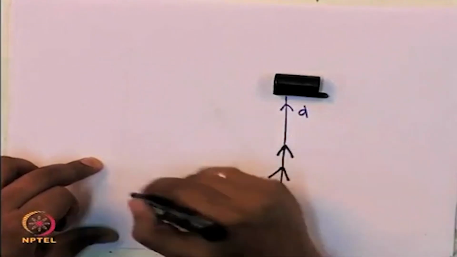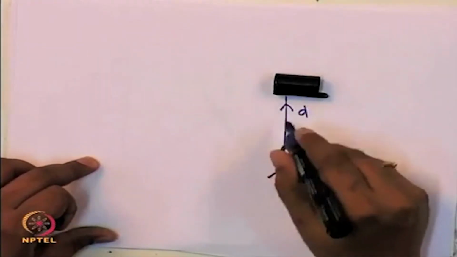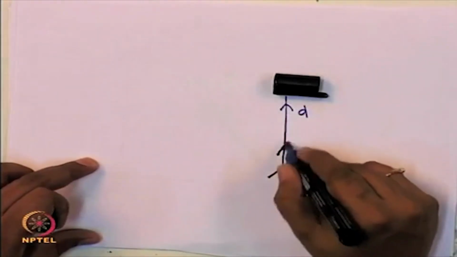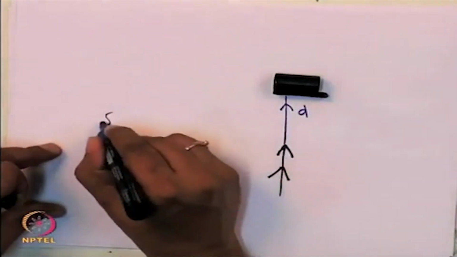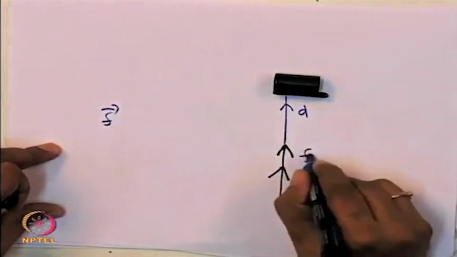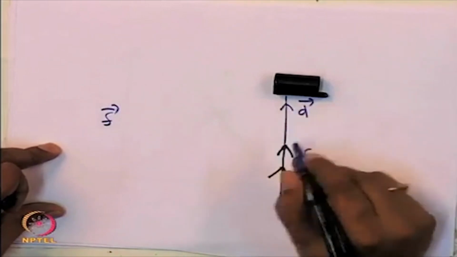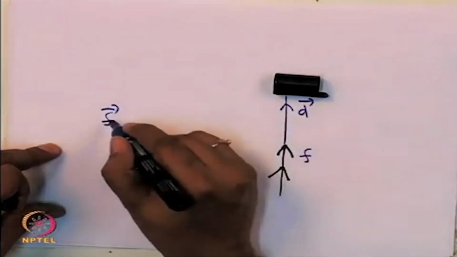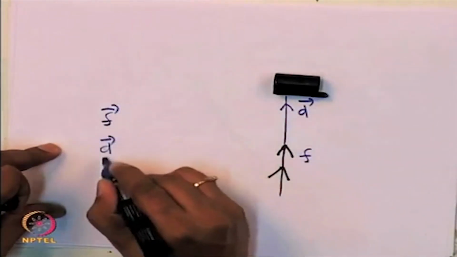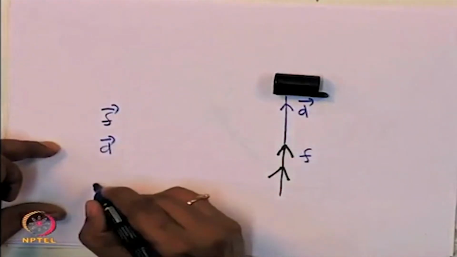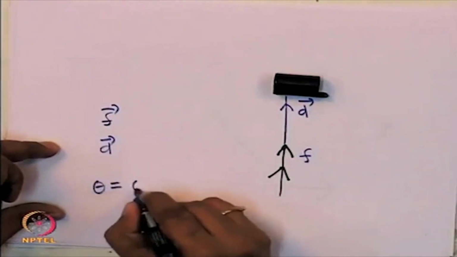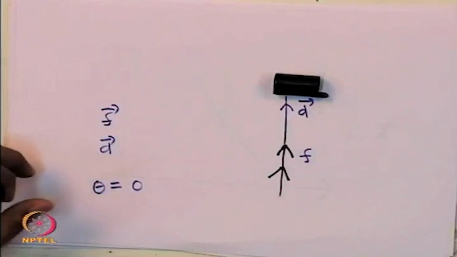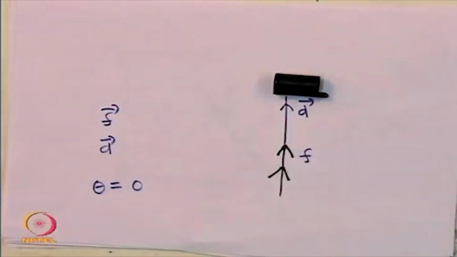So, the force, which is a vector, and d, which is this displacement vector, are in the same direction. The angle between f and d is 0. So, theta in this case is 0, no angle, they are going in the same direction.